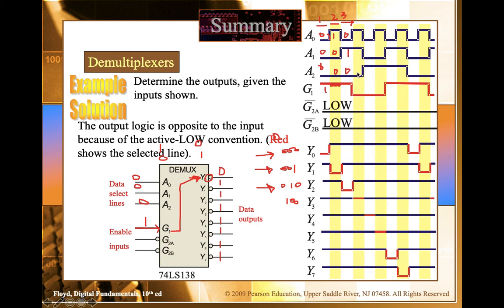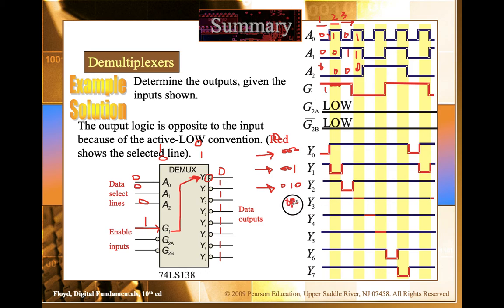Now for the fourth cycle, what are the select lines? 1 1 0... 0 1 1. Oh yeah, okay, sorry, I think I made a mistake here.